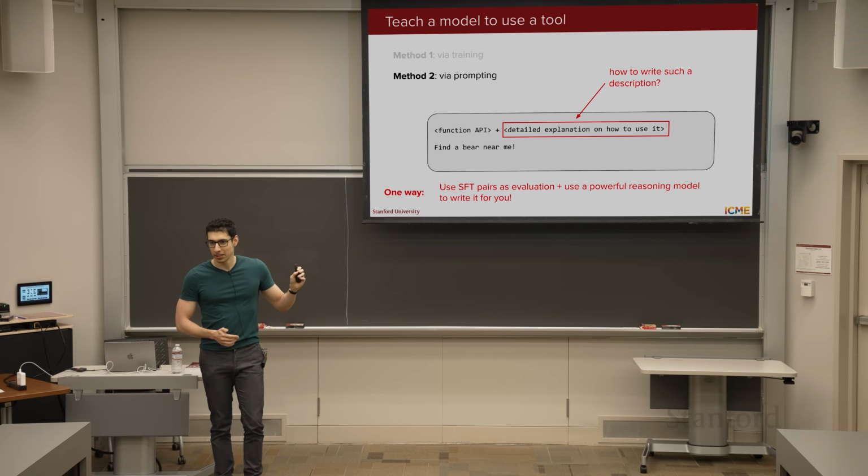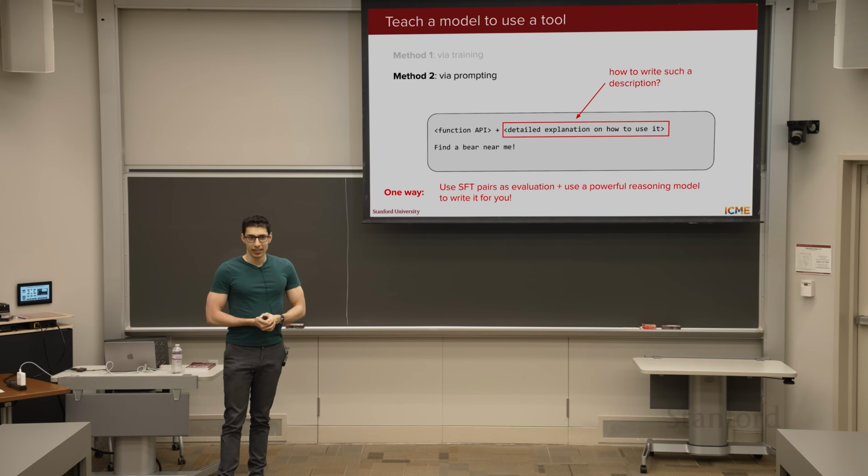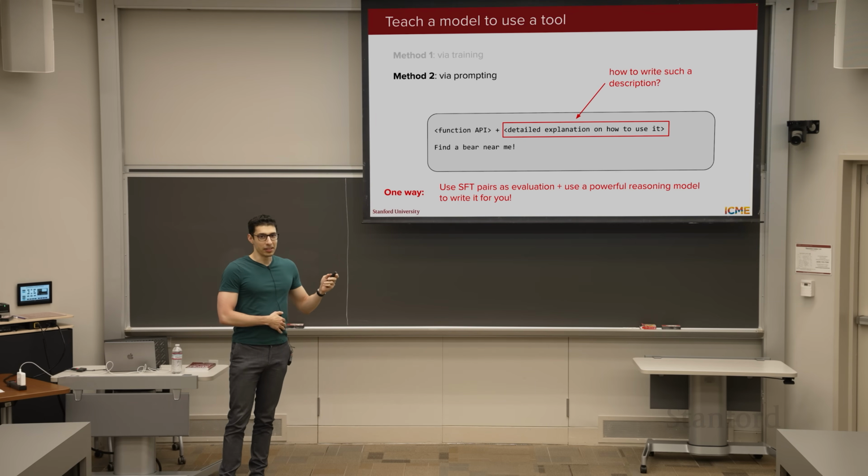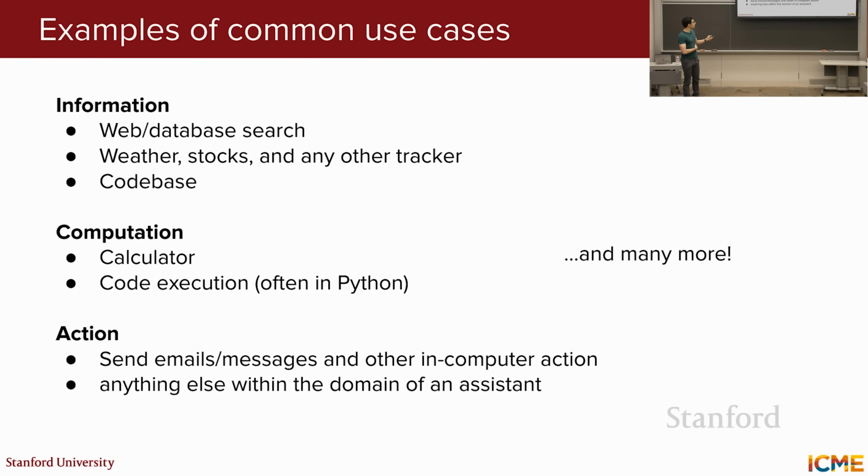Any other questions here? Okay, amazing. So I just mentioned an example with teddy bears that would be in the category of maybe informational. So you have a question and you want to ask some external API to retrieve that. And you have in reality a lot more use cases that you might see.